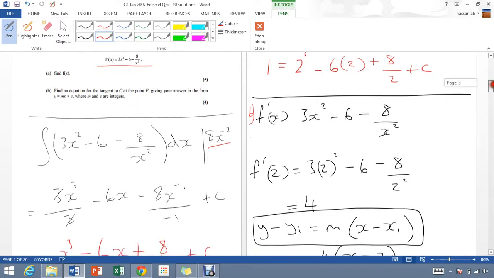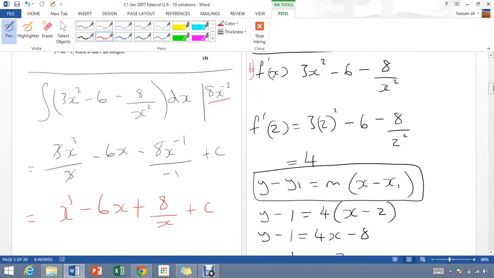When we simplify this, the 3s cancel, and you get x cubed minus 6x plus 8 over x, because you've got two negatives here, so they cancel, making a plus, leaving you with 8x to the power of minus 1, which can be rewritten as 8 over x, plus your c.